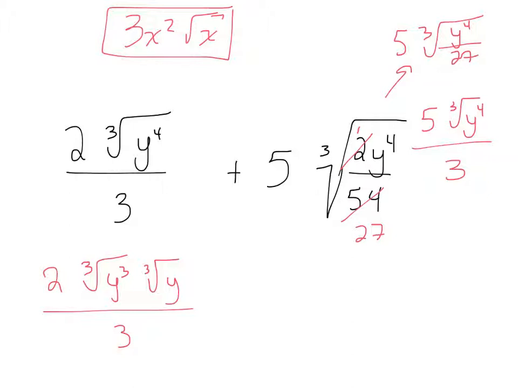So if it makes it more obvious, let me extend my radical a little bit further. The cube root of 27 reduces to 3. And then the cube root of the numerator just remains what it is. But you'll notice that this numerator right here breaks up the same way this does. So let's break this down into y to the 3rd times y.